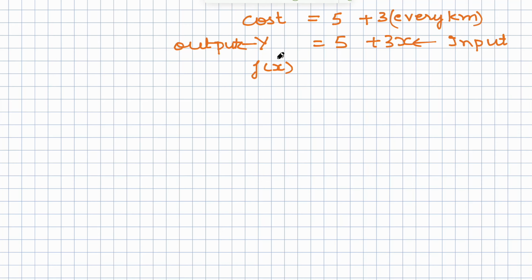So it is a function of input. So we can also write it as f of x, which is equal to 5 plus 3x. Now we can guess, if she travels 10 kilometers, that means I have to replace x with 10. So the cost will be 5 plus 30, 35.